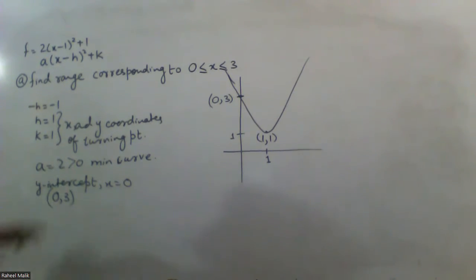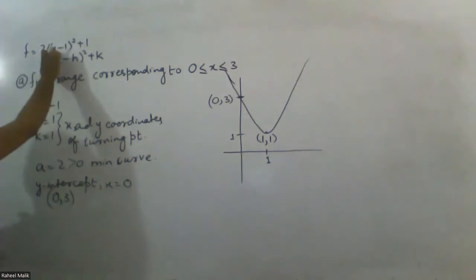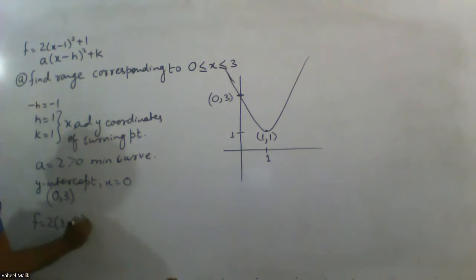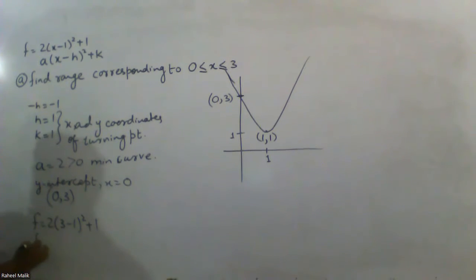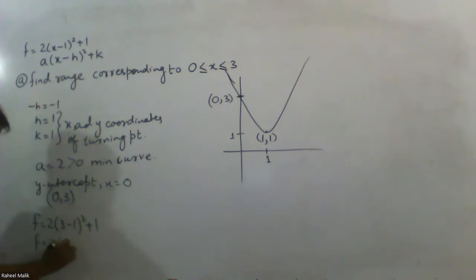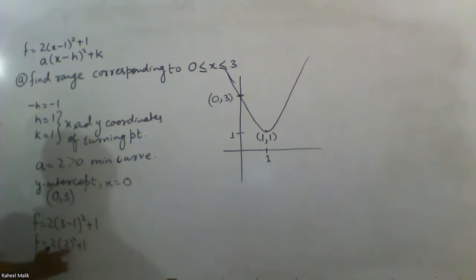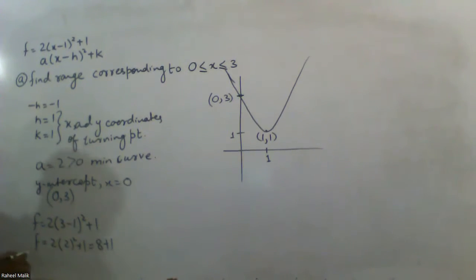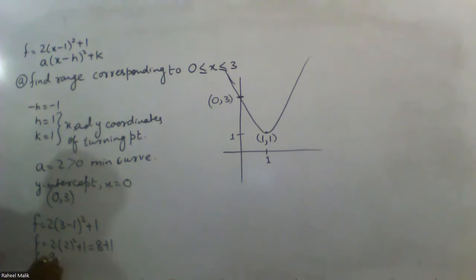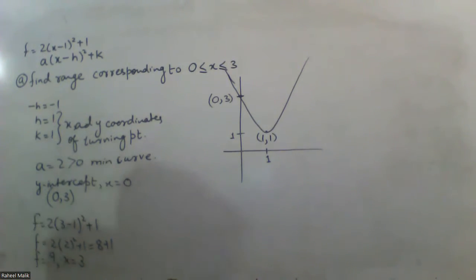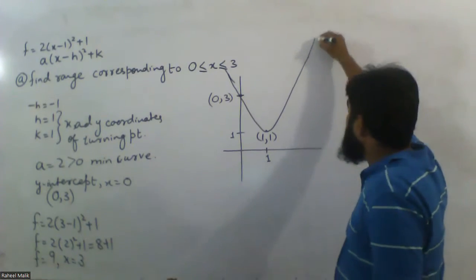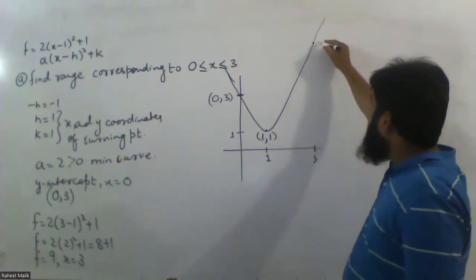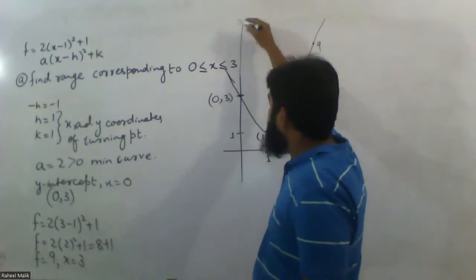And when I plot 3 over here, what will happen? f equals to 2(3 minus 1) whole square plus 1. 3 minus 1 will be 2, whole square plus 1. 2 square is 4, 4 2s are 8, plus 1. So the value of f is coming 9 when x is 3. It means when x equals to 3, y is coming 9 over here.